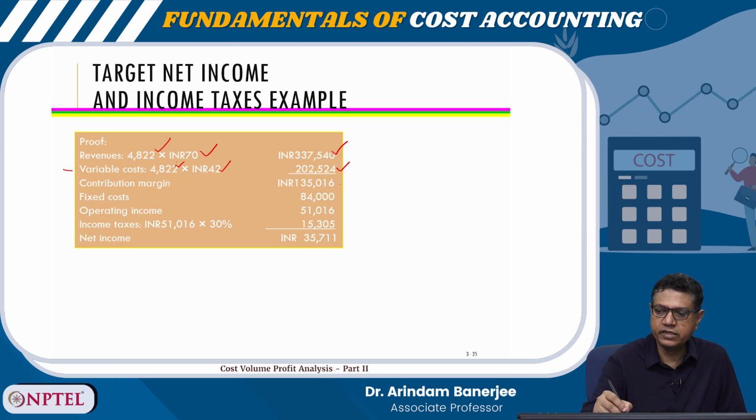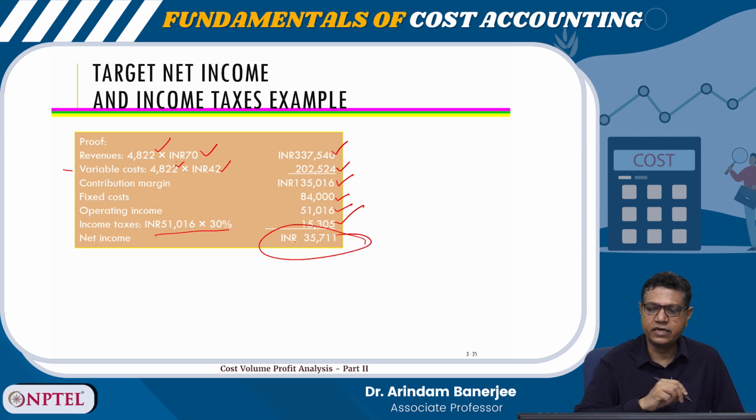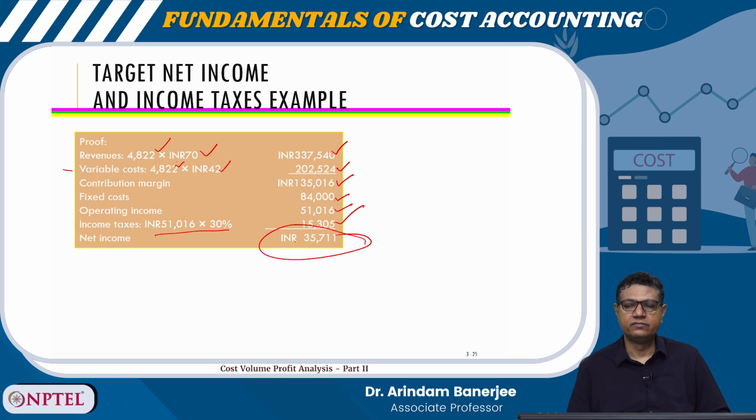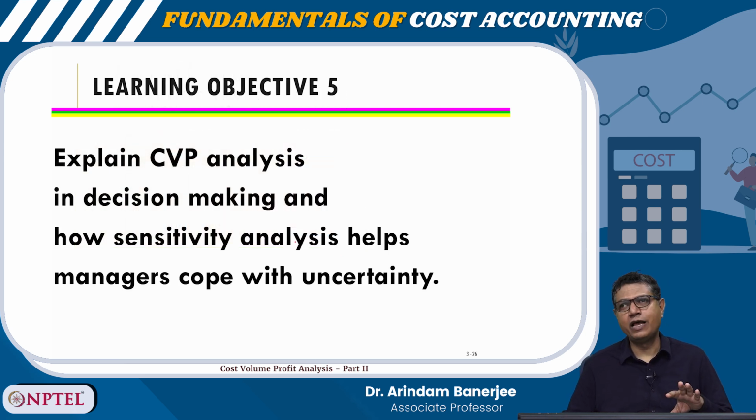So my contribution margin is 1,35,016, and fixed cost we already have taken from the previous example as 84,000, and operating income comes to 51,016. Income tax is 30% on operating income, which comes to 15,305. So my net income is 35,711. Okay, fine. The other way also I am getting the same result. In both ways my result is the same.